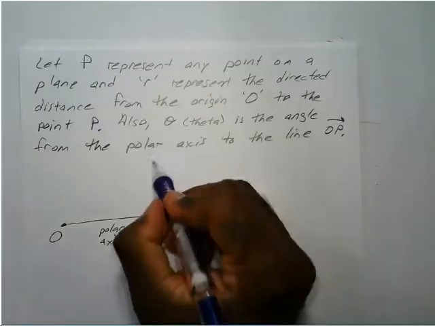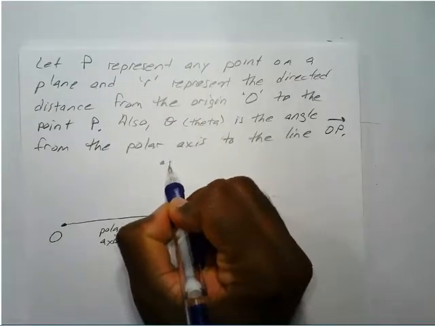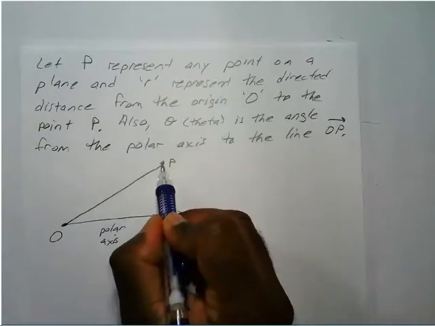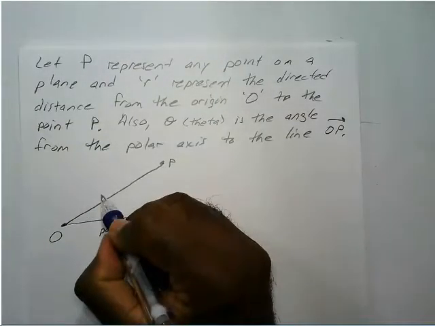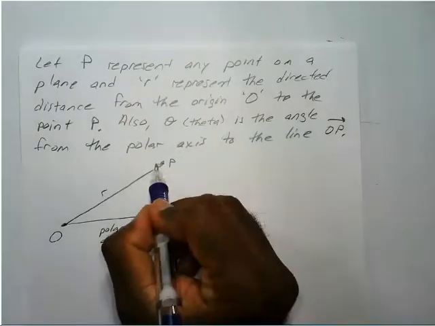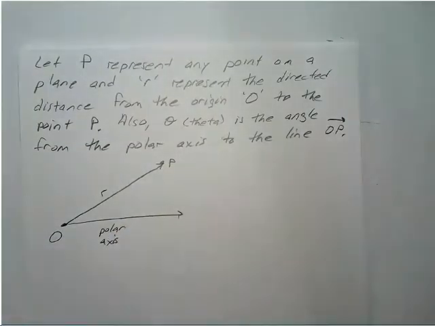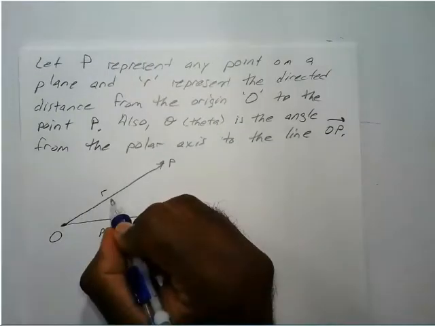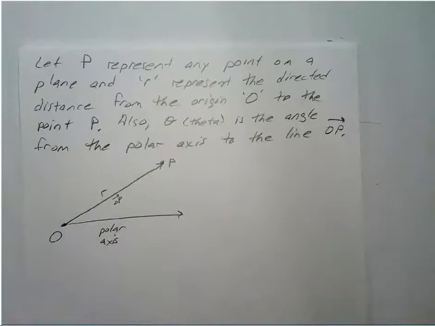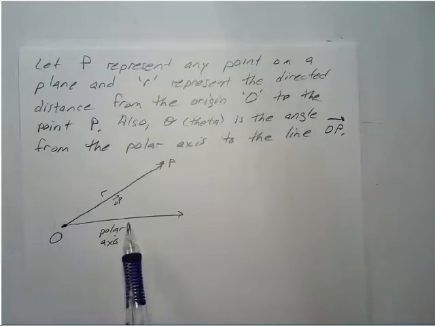Okay, and we're looking at some point that we'll call P. So this will be the directed distance from O to P. And remember, from here to here, this is your O to P. So this is how this particular explanation would look as a visual aid.